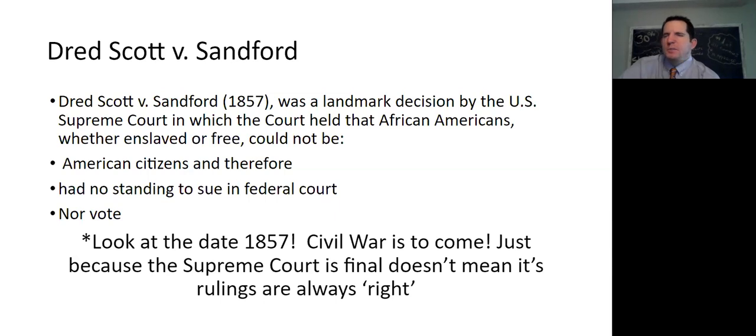Important note here: just because the Supreme Court is final doesn't mean they're right. And this is a great example of a ruling by the Supreme Court where you can clearly go, just because they're final doesn't mean they're always right.